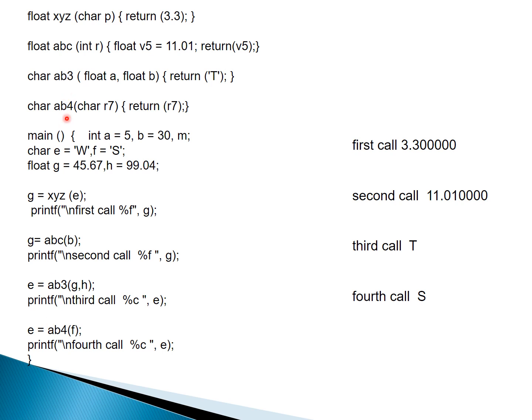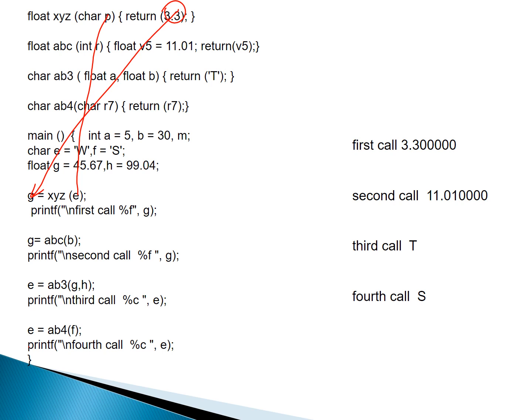This is the fourth function. The value of f is s, a character, and the function is receiving a character, so we are sending a character. The value of f, which is s, will be stored on r7, and then we are sending r7 back to e, and then this is printed. So let's demonstrate this. The value of e will go to p, and this 3.3 will come to g.